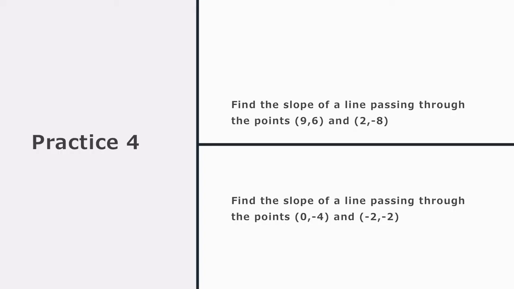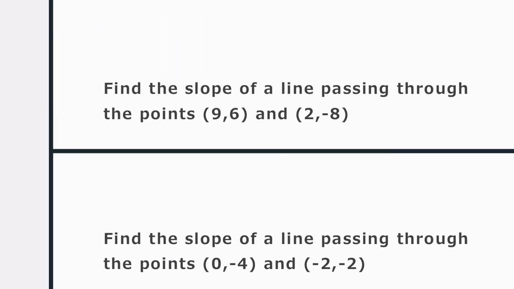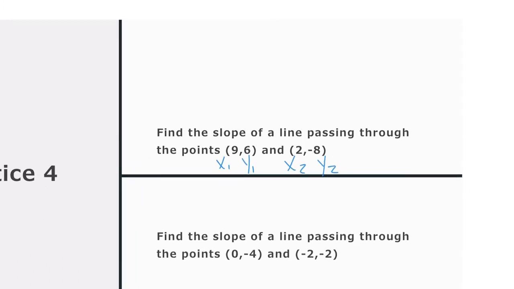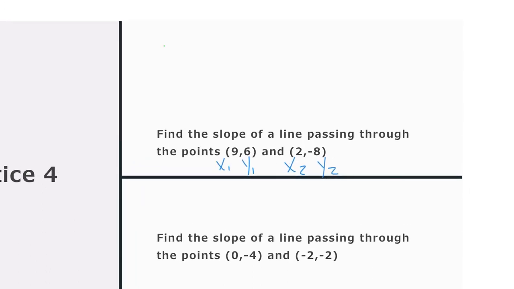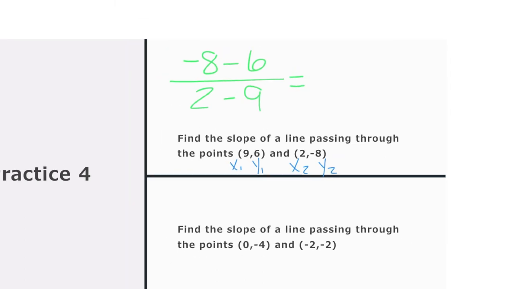All right, got 2 more practice ones. So make sure we're labeling these. Find our slope passing through these points. We have x1, we have y1. We have x2, we have y2. So y2 comes first in our equation, and that is a -8 minus y1, which was 6, over x2 first, so 2 minus 9. Once again, going to help us figure out if it's a positive or negative slope. So keep, change, change.